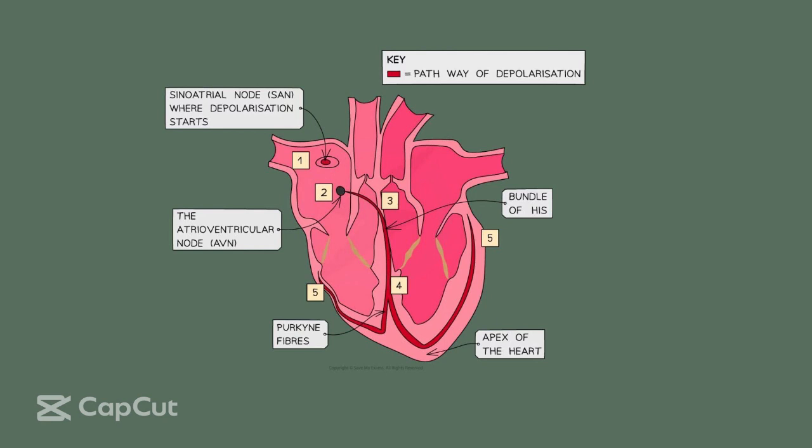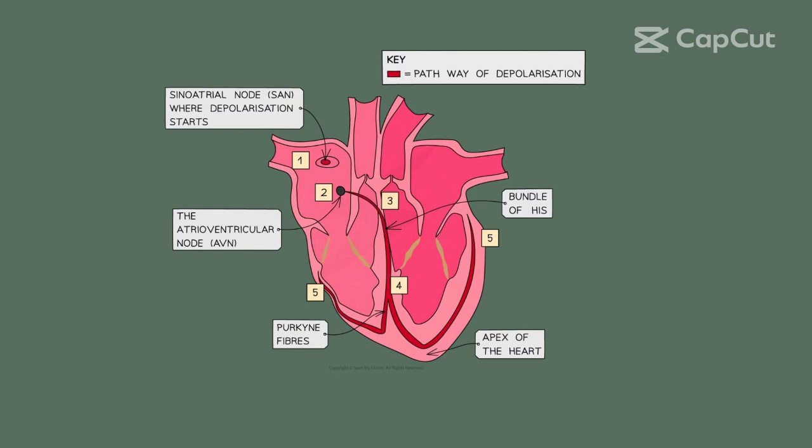So the electrical wave eventually reaches the atrioventricular node, which is located just at the top of the ventricles, right at the bottom of the atria and in the middle of the heart, which you should be able to see on the diagrams.